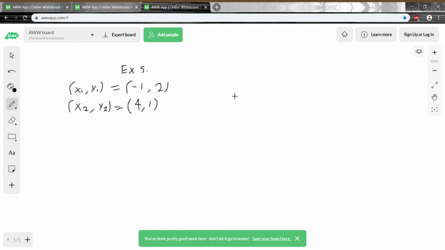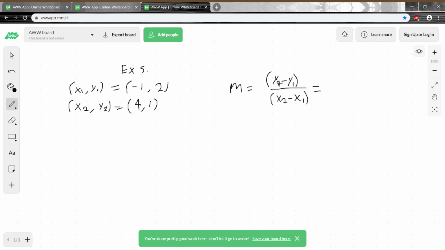And if you remember, the equation for m was the quantity y2 minus y1 divided by x2 minus x1. So we can find the slope given these two sets of coordinates. We just have to plug it in.